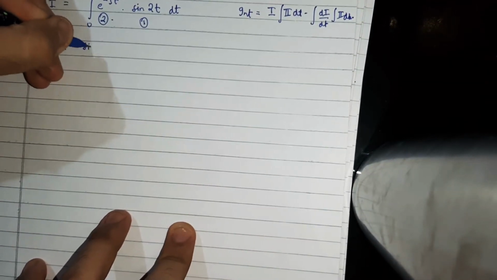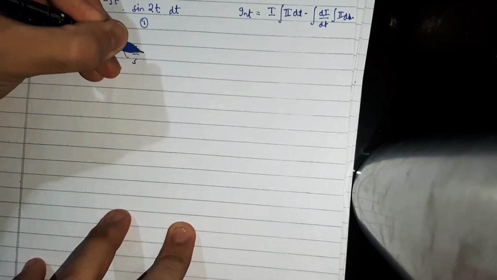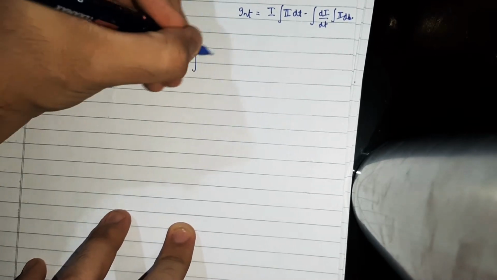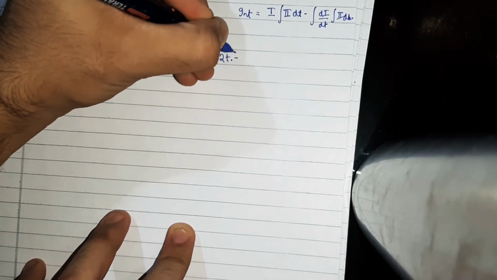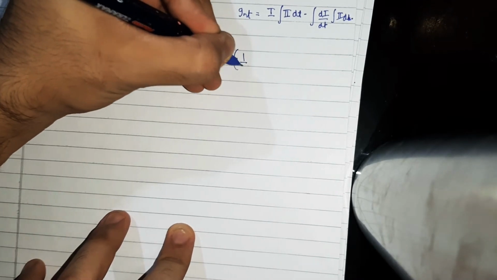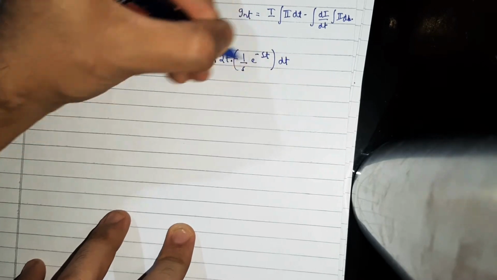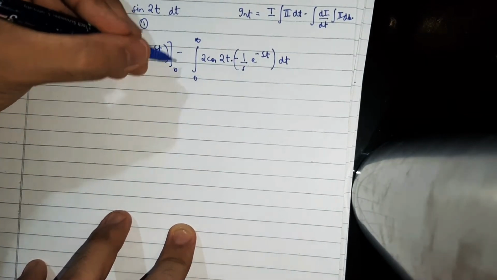So the first function into integration of the second function, minus integration of derivative of first function times the integration of the second, from 0 to infinity, and here are the limits, and again 0 to infinity.